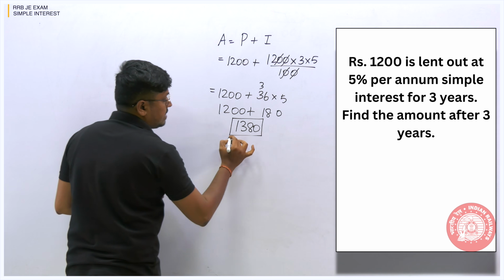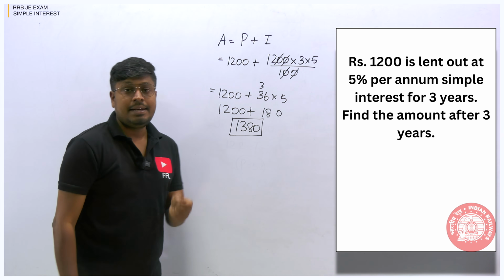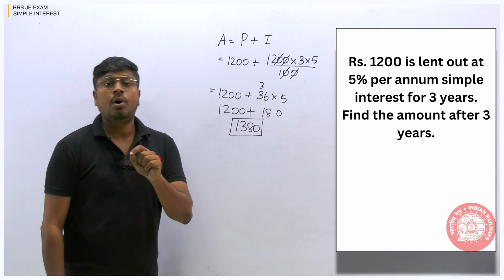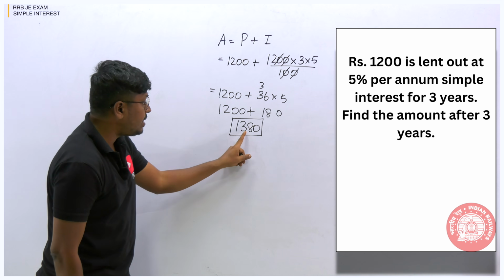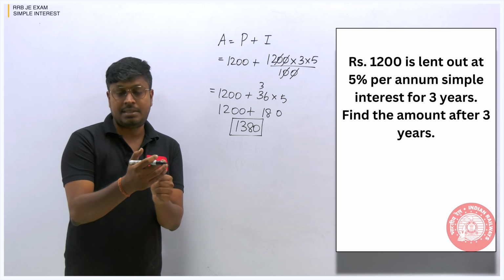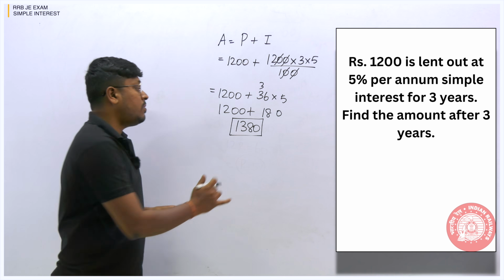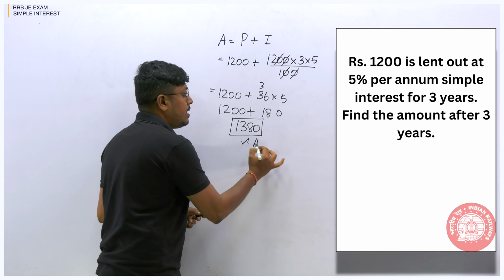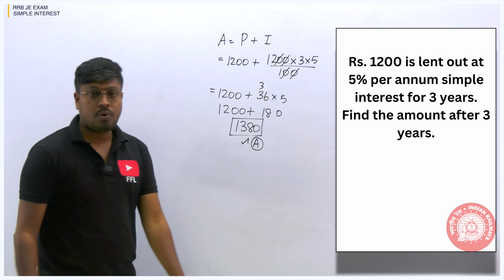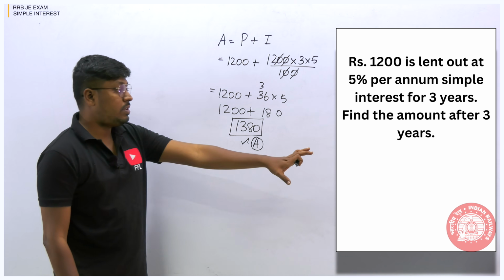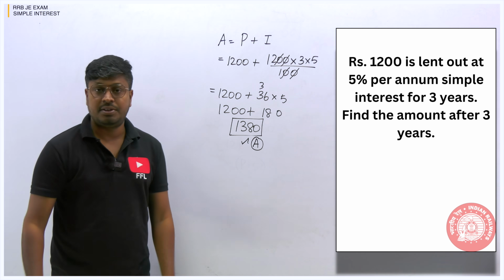Finally we can say the answer for this question is 1380, which is the overall amount. Inside this 1380, we have the principal amount he lent out as well as the interest amount. So the total amount is 1380, which is called capital A, or the overall amount. So the answer for the first question is 1380.